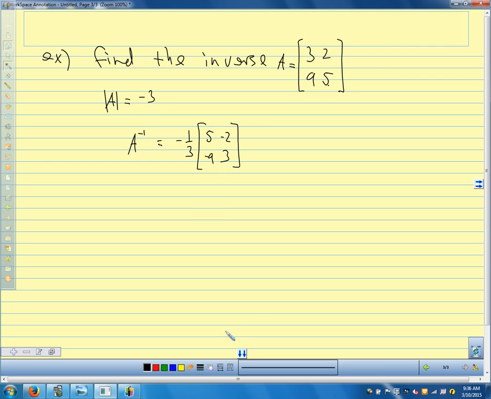There's my inverse matrix, and you can leave it written just like that, that's fine. That's all we have to do to find the inverse of a 2 by 2. And we could verify by multiplying these two together, and we'd see that we get the identity matrix.